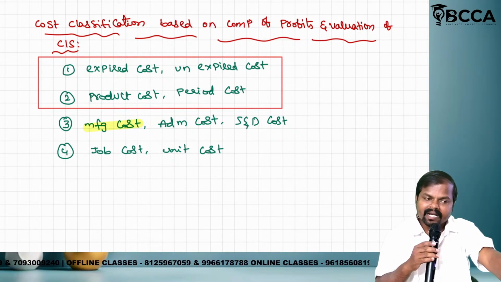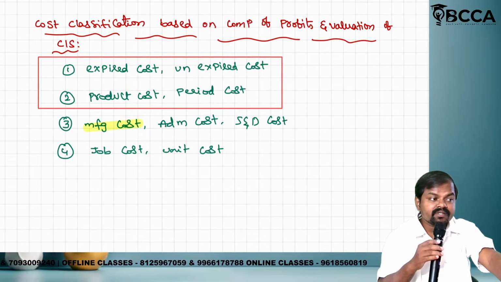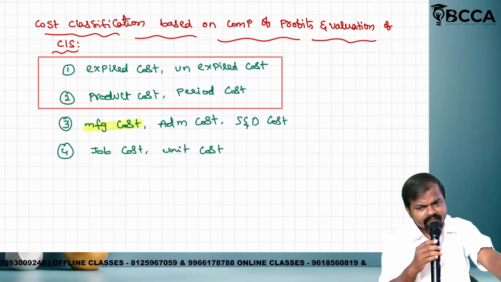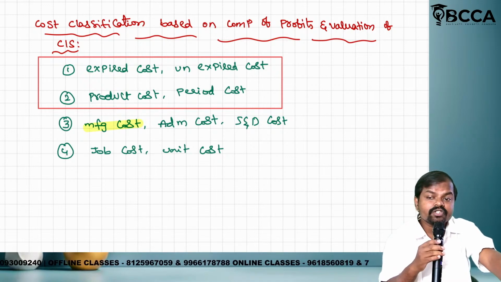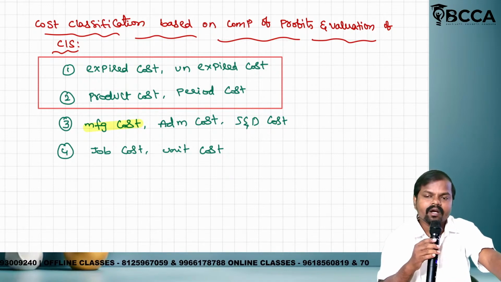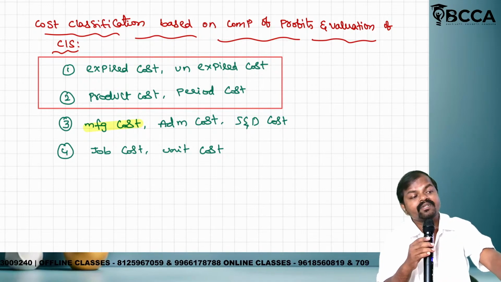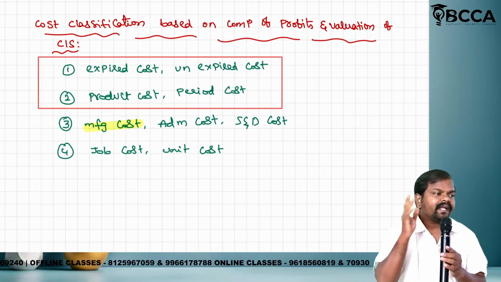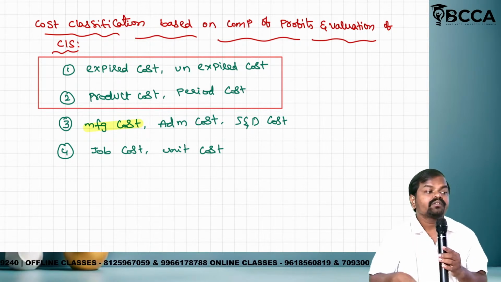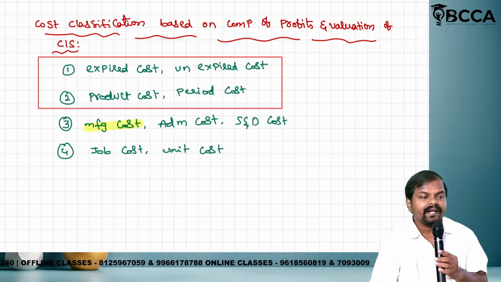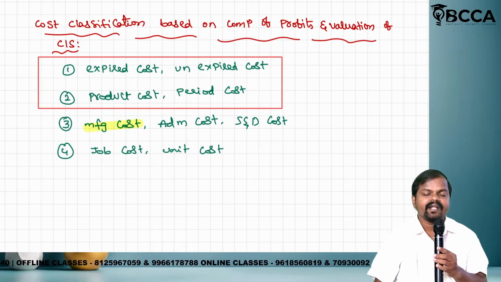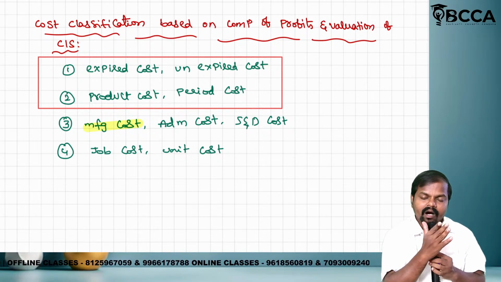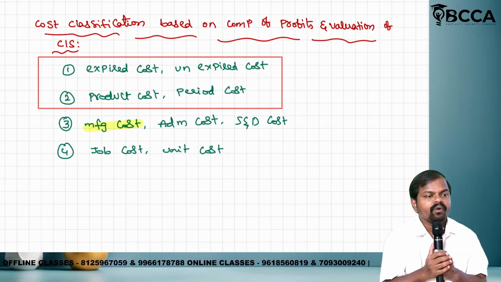Any cost means total cost. Total cost can be classified into two types: direct cost and indirect cost. Direct cost has three types: direct material, direct labor, direct expense. Indirect cost has three types: indirect material, indirect labor, indirect expense. All direct costs are referred to as prime cost. All indirect costs are referred to as overhead.